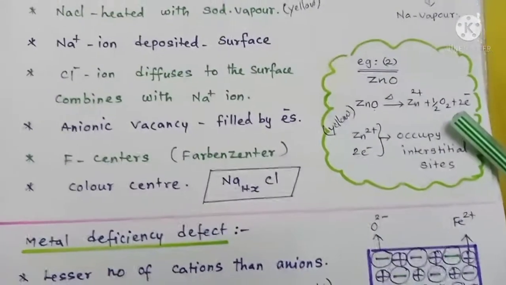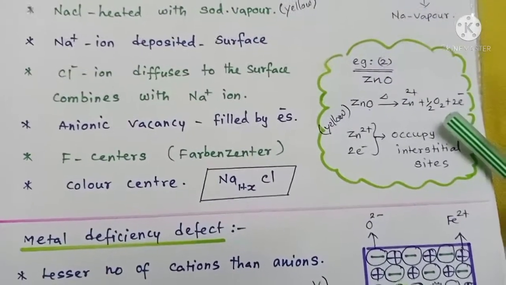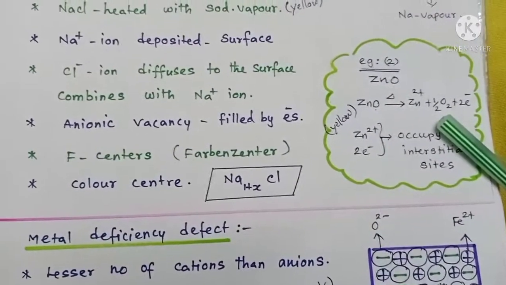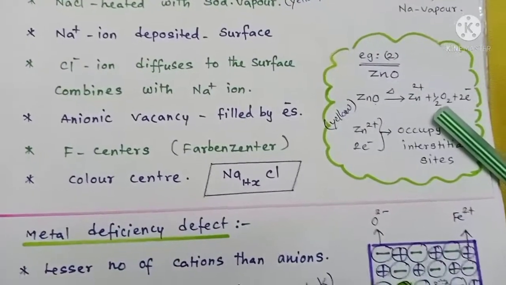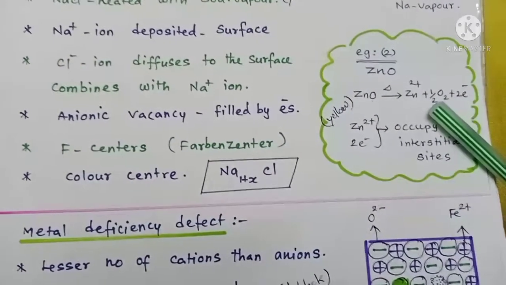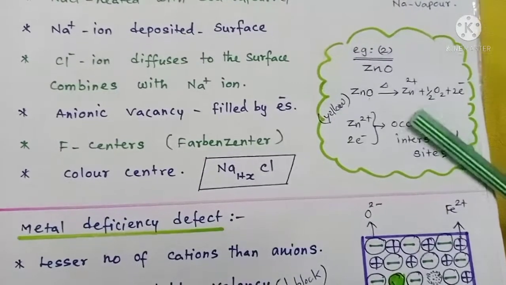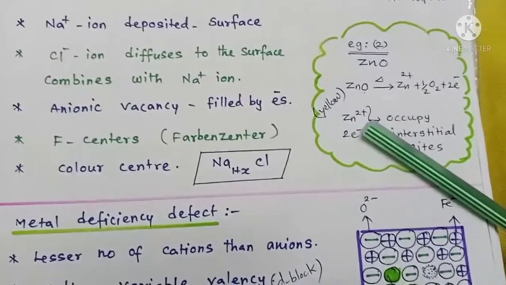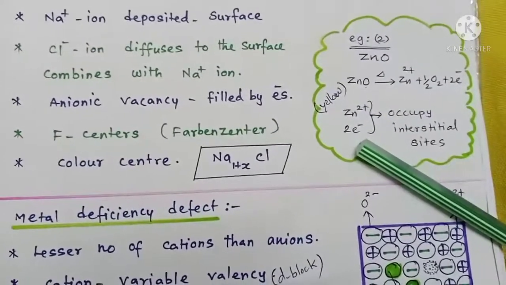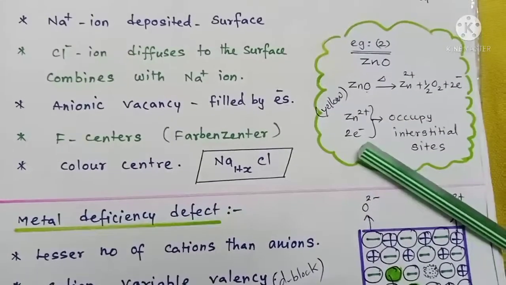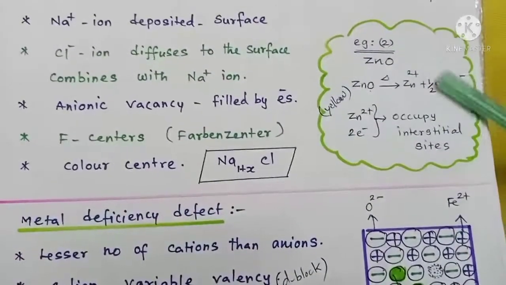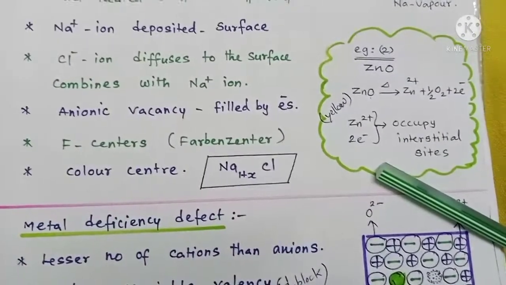That is due to the presence of excess Zn2 plus ions. When oxygen is lost by zinc oxide, the number of cations is in excess. In the zinc oxide crystal, the extra Zn2 plus ions as well as the electrons lost by the zinc occupy the interstitial positions. So this is another example of the metal excess defect.